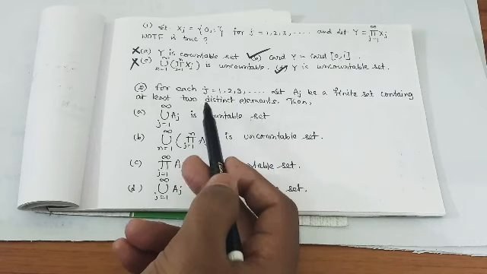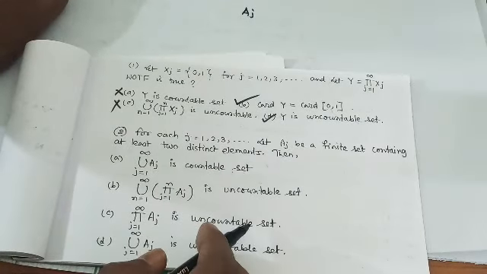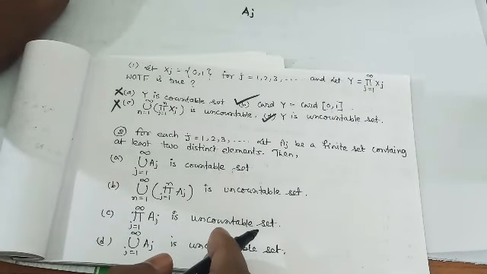Then which of the following options are going to be correct? So you have Aj as a finite set containing at least two distinct elements.